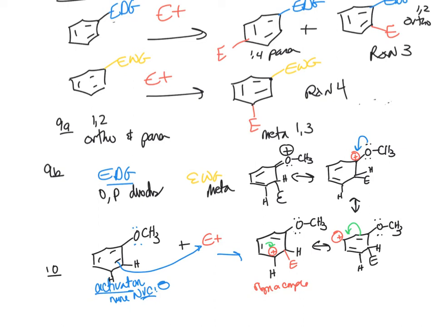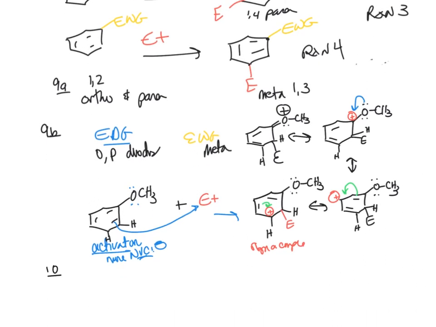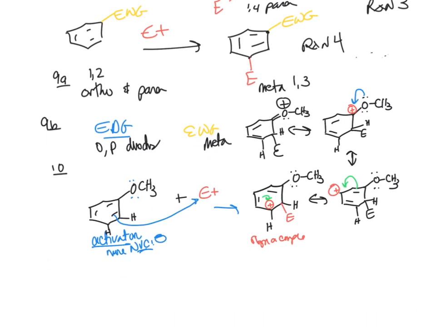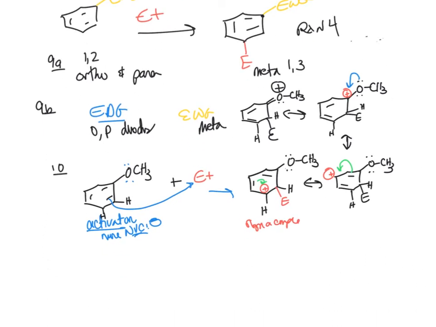Okay, so repeat the above process for the sigma complex formed as a result of a meta addition. So these things take a long time because we're drawing all of the resonance structures, but it's a good exercise for you. So what if we put this in the meta?